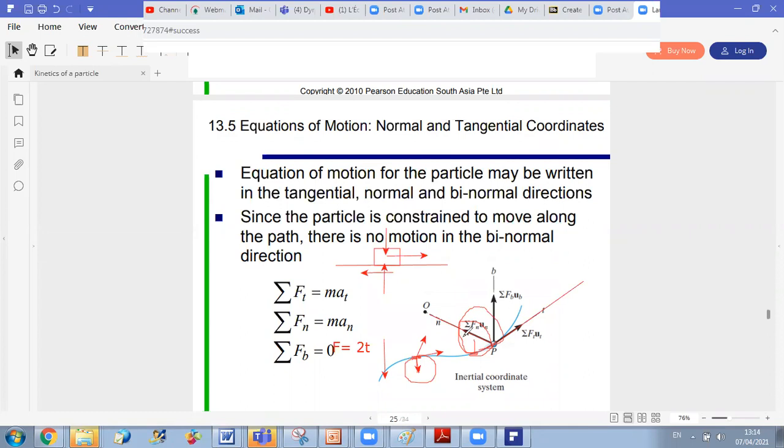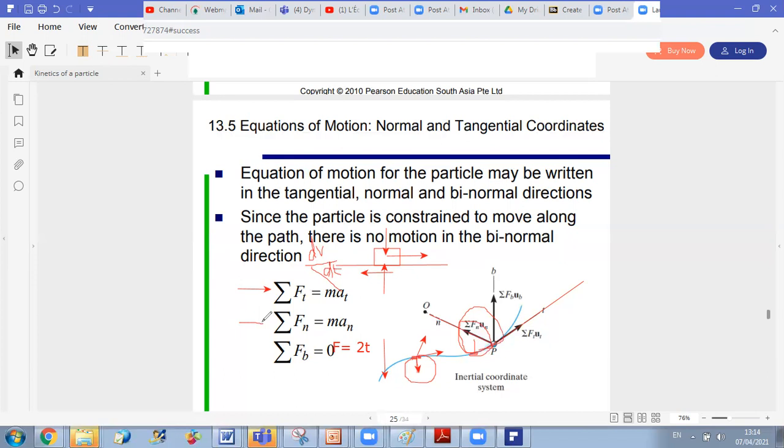So the three equations of Newton's law in UNUT will be: sum of forces along UT equals MAT. And from the previous chapter, you know that AT is dV by dt. It will represent the change in speed, while UN is due to change in direction.